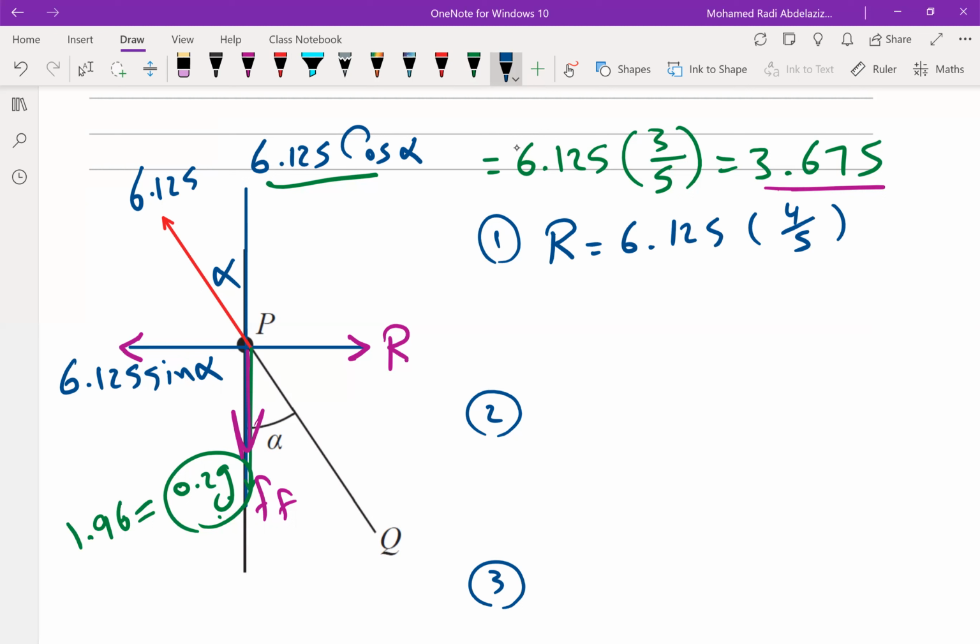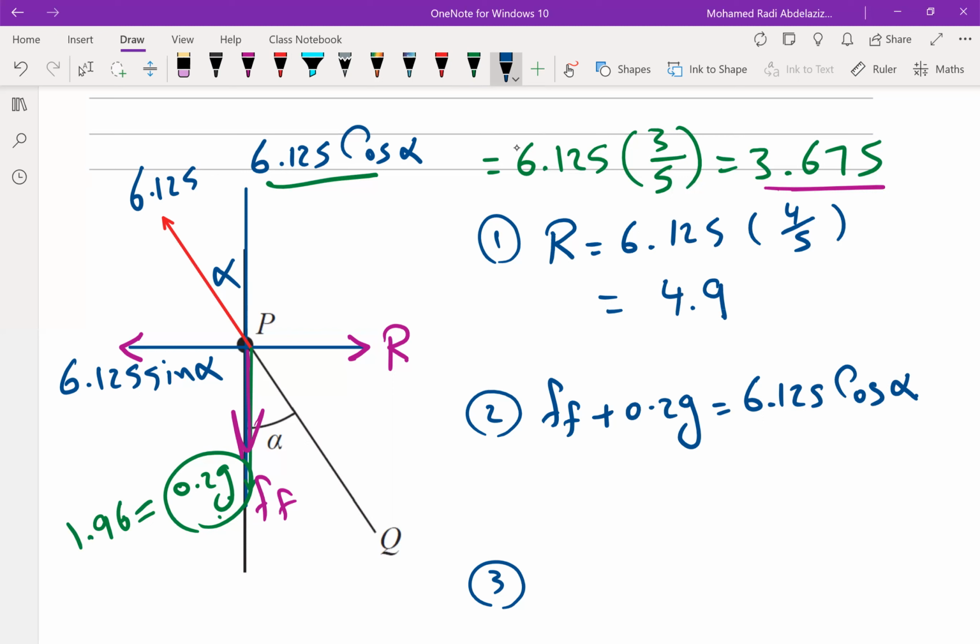And all the forces acting up are equal to the forces acting down. So frictional force plus 0.2 g is equal to 6.125 cosine alpha. From the first equation, you can calculate the value of R, which is 6.125 multiplied by 4/5. So this value is 4.9.